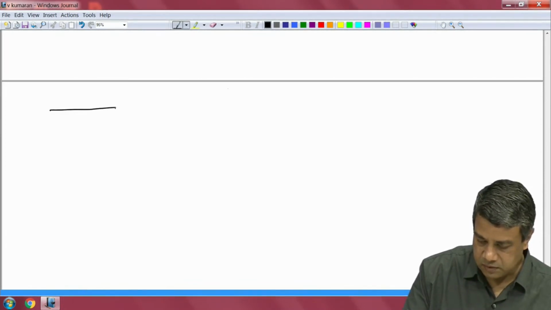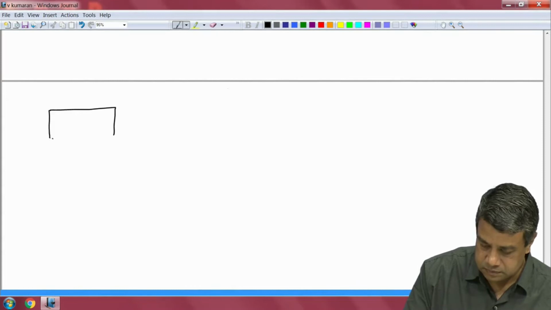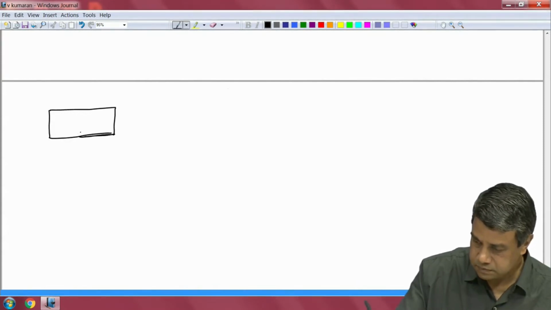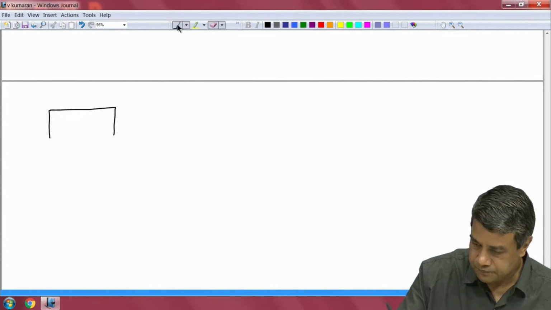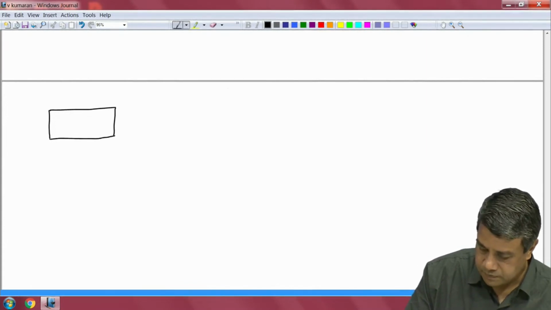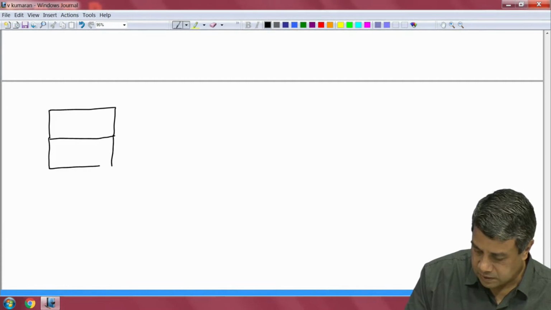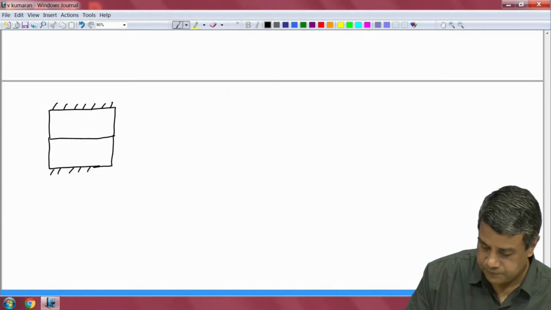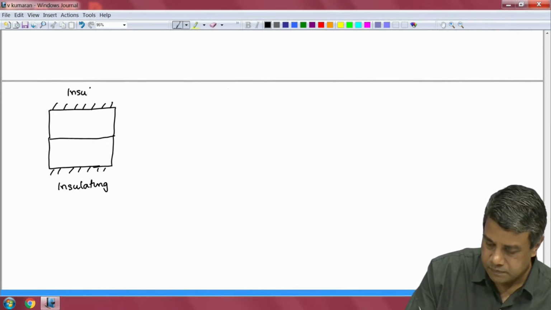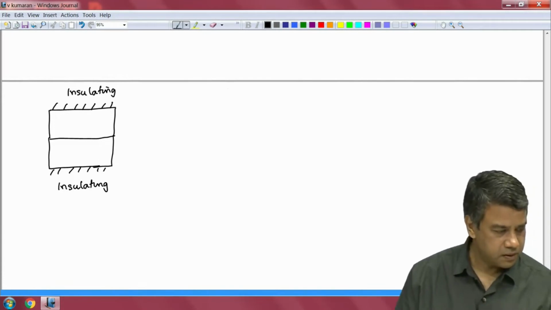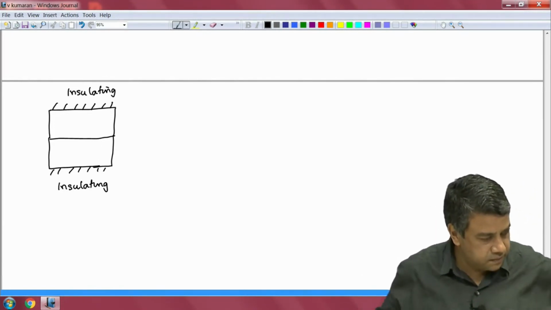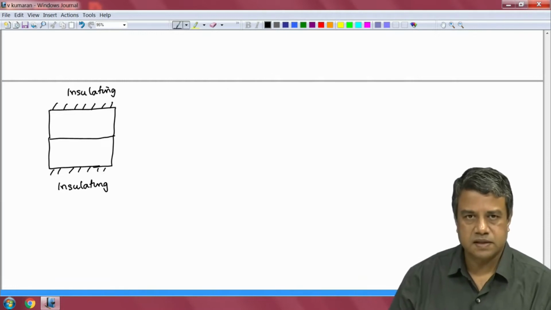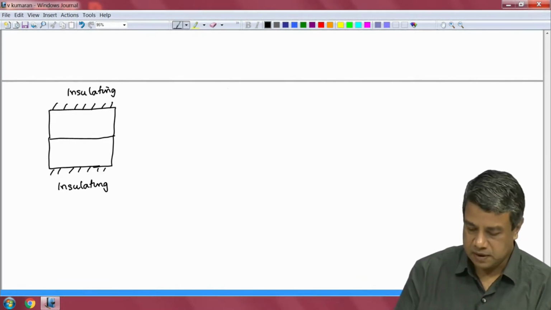I have two blocks bound by two insulating surfaces, let us say of infinite extent in the direction perpendicular to z.